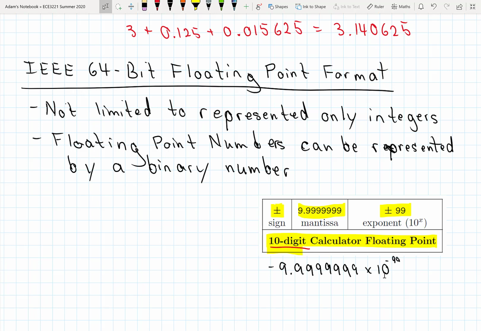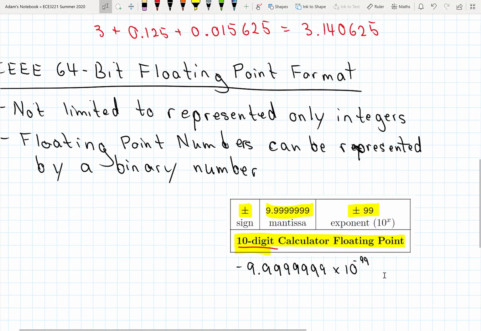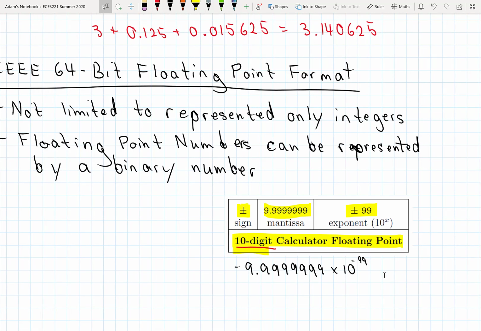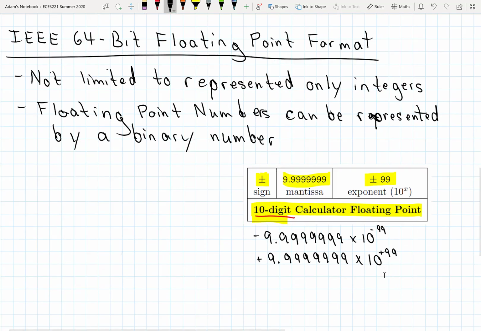Okay, so it can have a huge range of values represented by my calculator, even though it's only able to show a total of 10 digits.